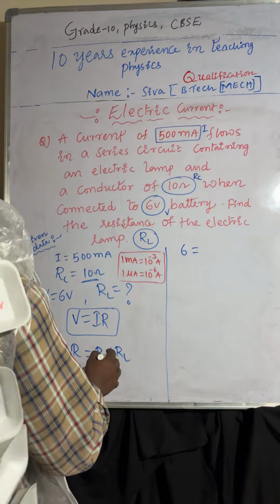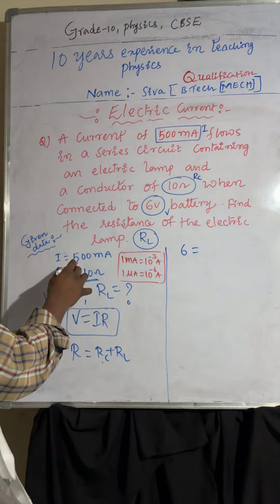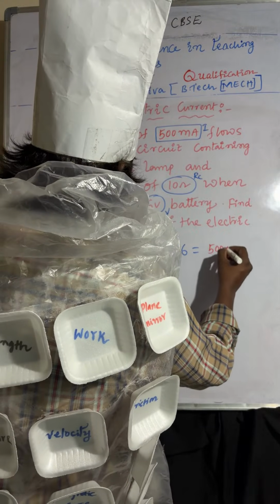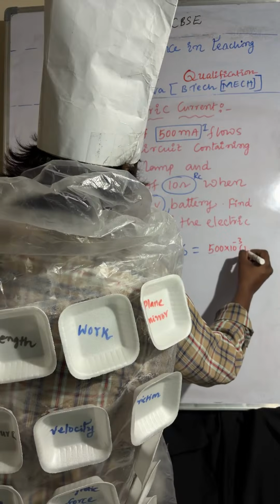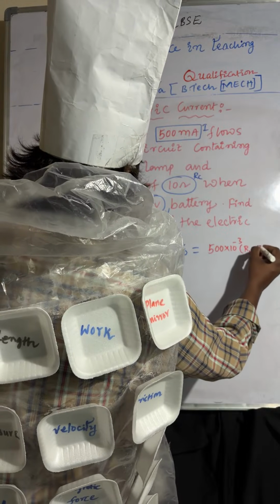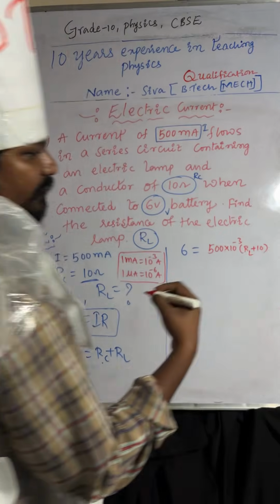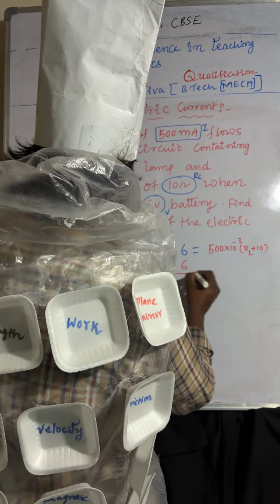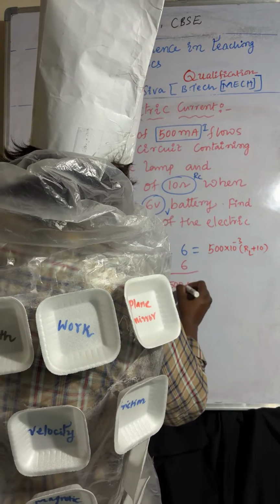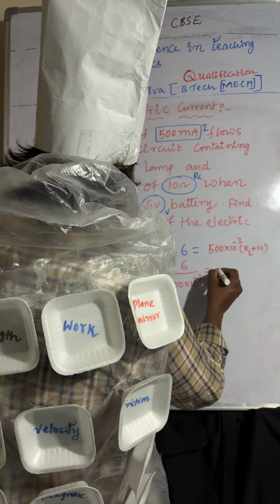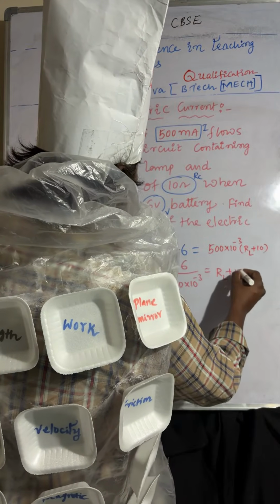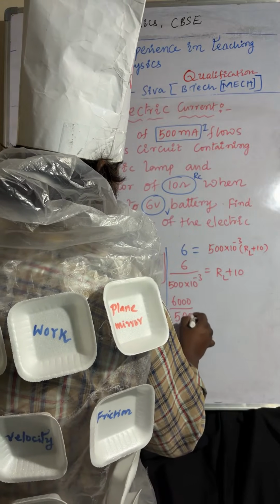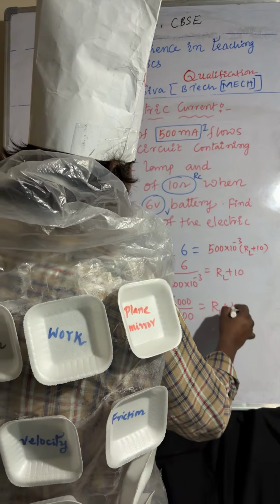Okay, so now we can substitute here: 6 equal to 500 into 10 power minus 3 into RL plus 10, RC is already 10. So 6 by 500 into 10 power minus 3 equals RL plus 10. Then 6000 by 500 equal to RL plus 10.